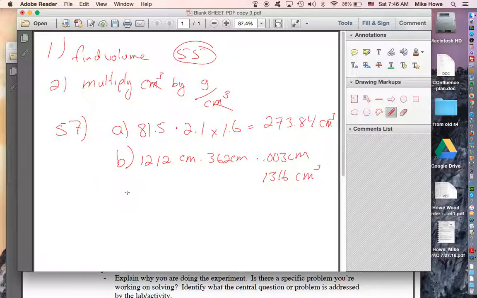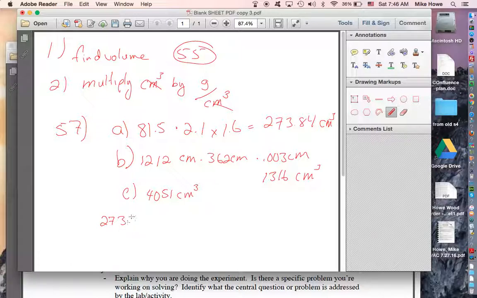And then in part C, it's real easy to change for cubic centimeters because you've got 4.051 liters, so that's 4,051 milliliters, which is 4,051 cubic centimeters, because a milliliter and a cubic centimeter are the same thing. Remember that? So now we need to multiply each one of those by the density of the respective thing.